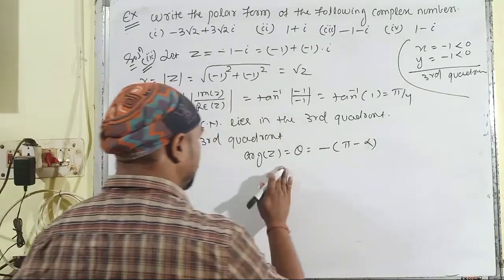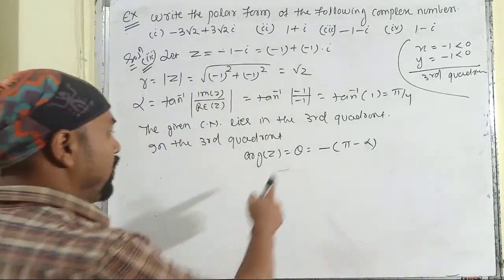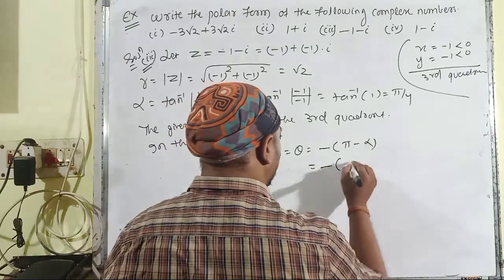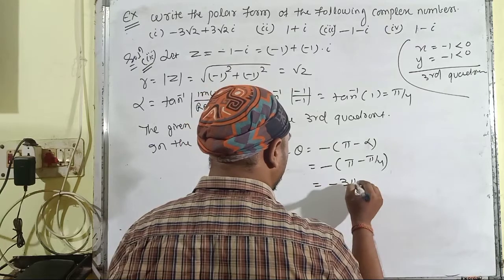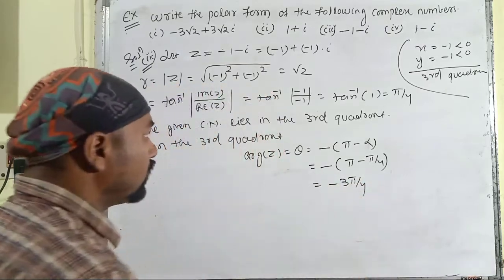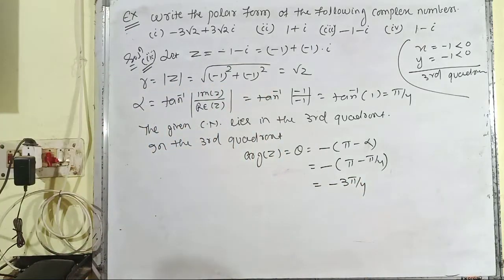That means argument of z, theta, is equal to minus pi minus pi by 4, and that is equal to minus 3 pi by 4. Then we have to find out the polar form of the given complex number.